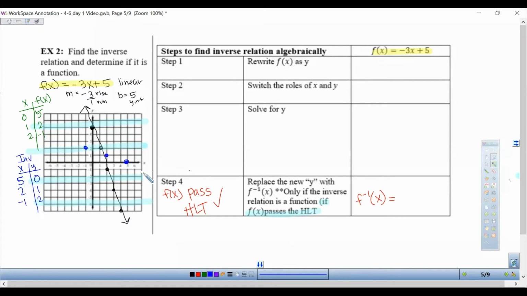Okay, so the inverse function is actually also a line. So the black one that I drew was f. This new blue one is its inverse. And again, I can see that it's a function because if I were to do the vertical line test, it would pass.